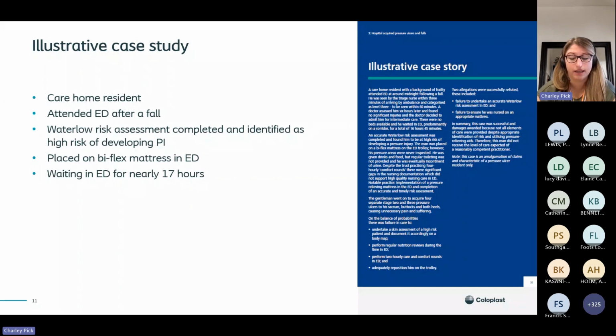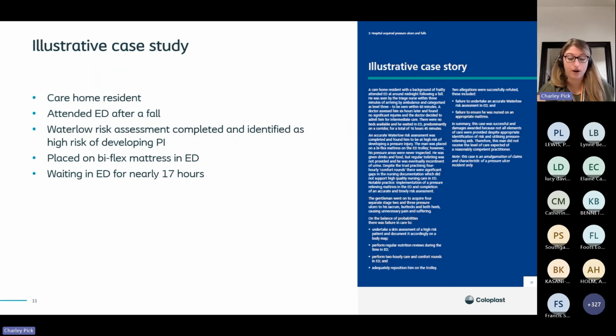6 hours later, this gentleman was finally seen and assessed. They decided to admit this gentleman for social reasons, but there was no beds available in the hospital. He spent 16 hours and 45 minutes on an ED trolley. He had a Waterloo score done and was deemed to be high risk of developing pressure ulcers.